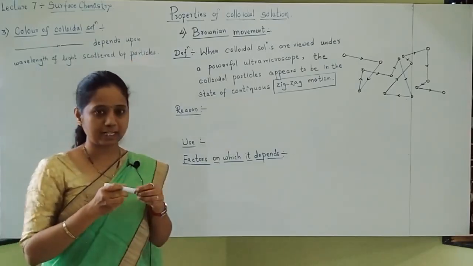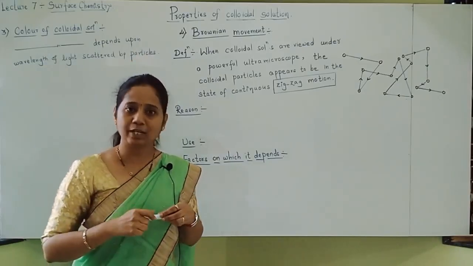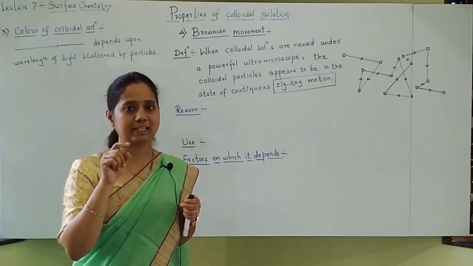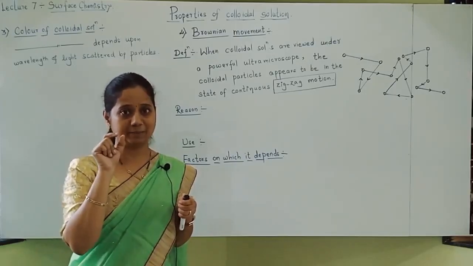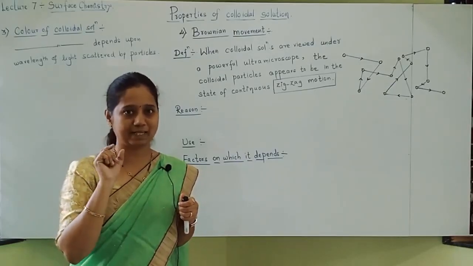Now this scattered wavelength depends upon the size of the particle. So finally color depends upon the size of the colloidal particles.